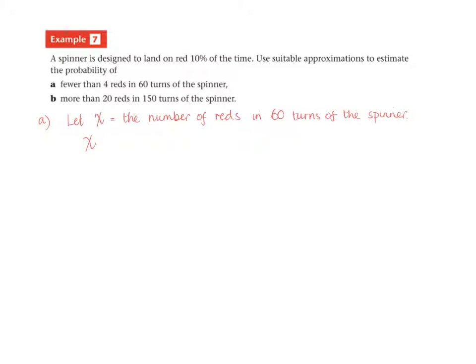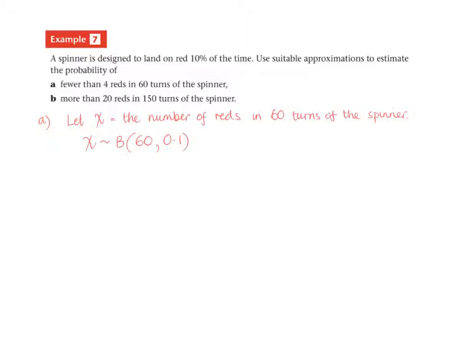So X would follow the binomial, n is 60 and p is 0.1. Okay, so that's n and p.